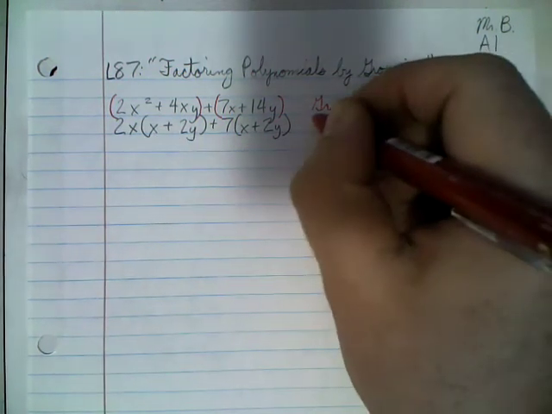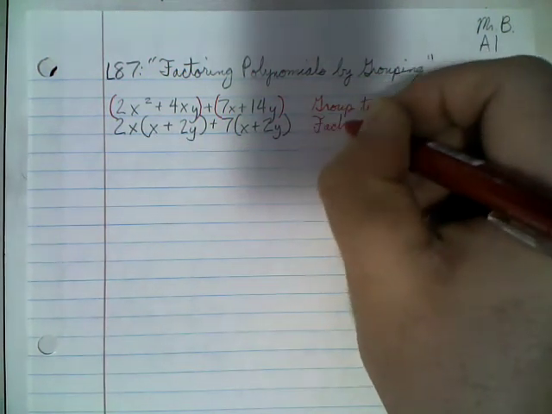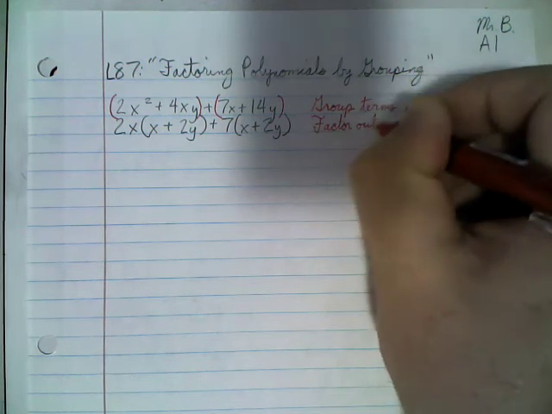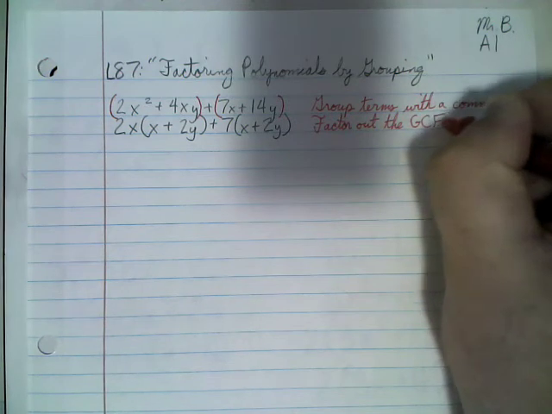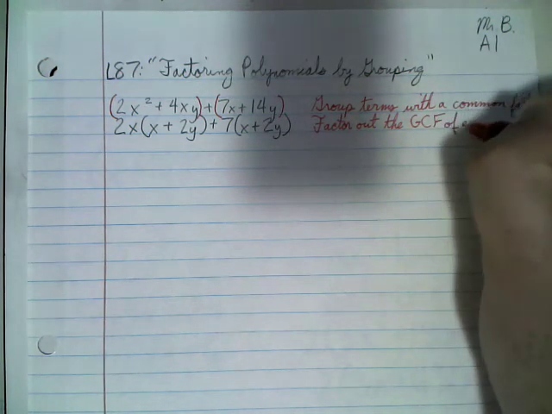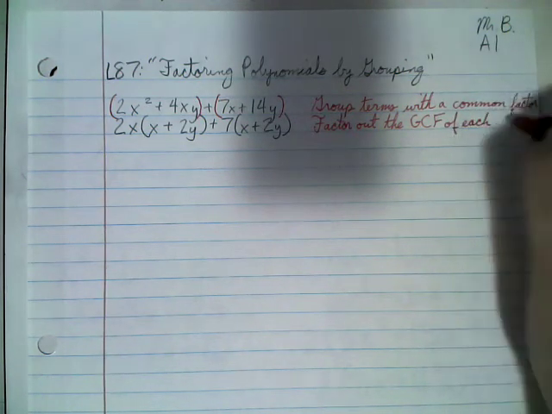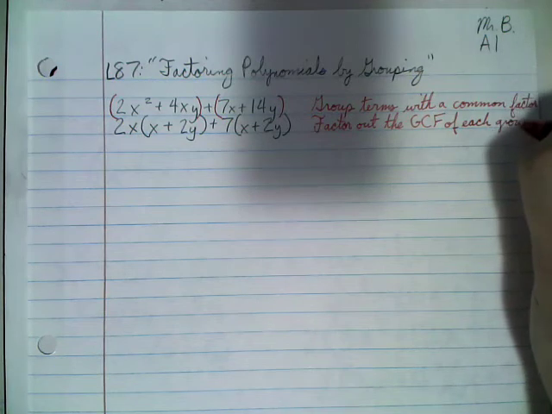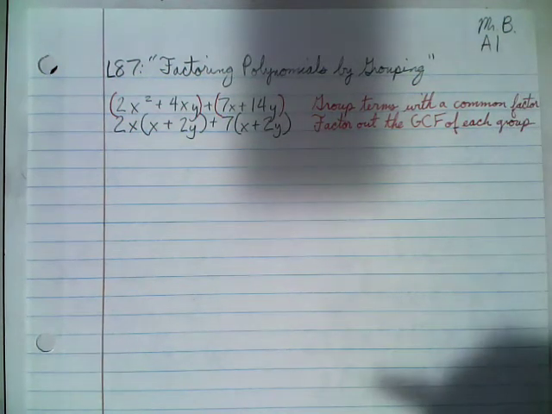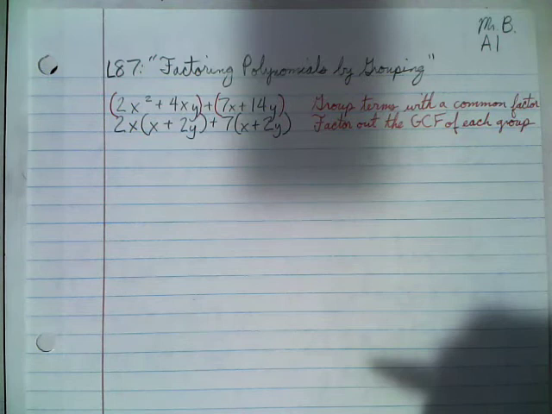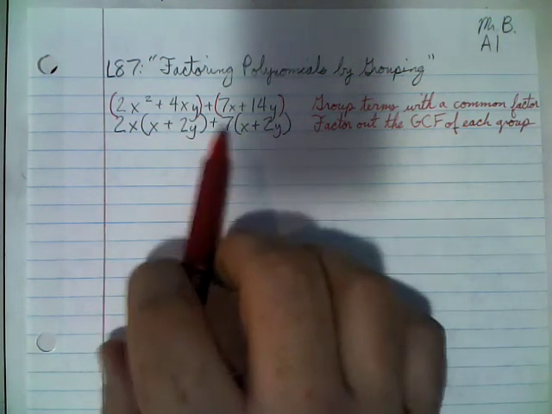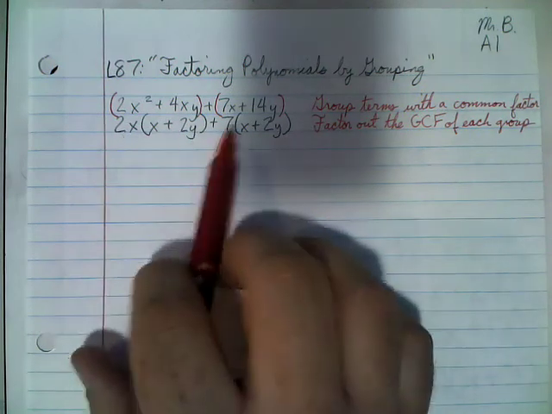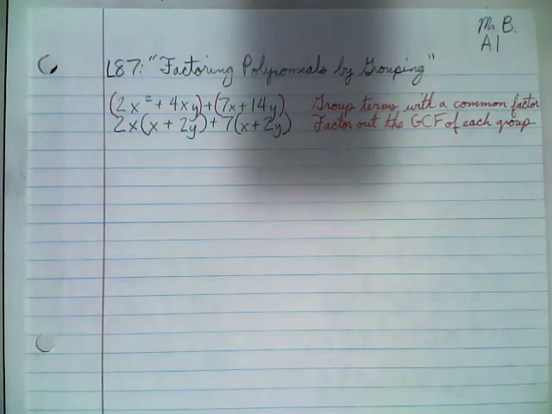So my next step, I'm going to factor out the GCF of each group or each term. So that means that I'm definitely going to take the quantity out, but we do also want to see between the 2x and the 7, is there something else we can factor out of here?